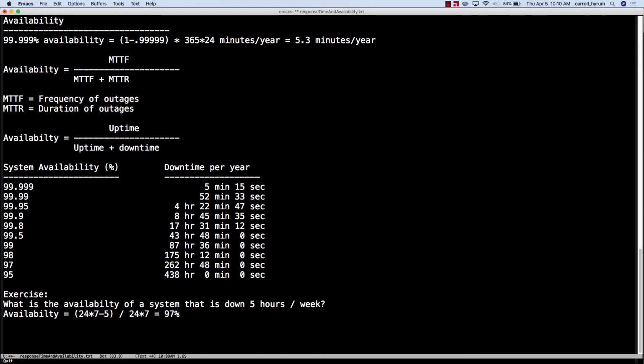Okay, there's more than one way to solve a problem. So you're going off of what you knew, what you experienced. That's good. So 97% is if you're down 5 hours a week. Now that's assuming that all 24 hours in a day are equal.